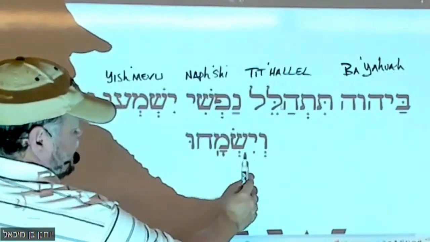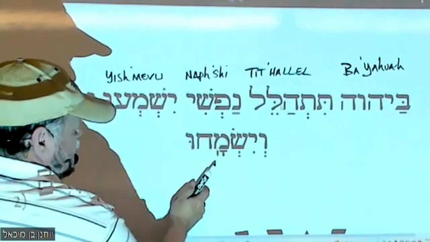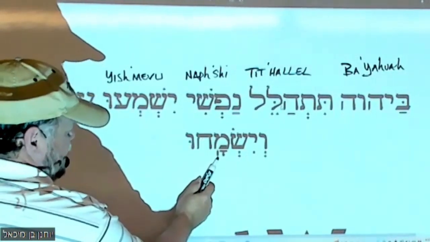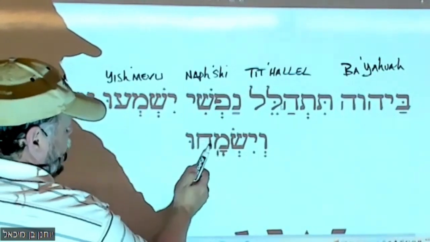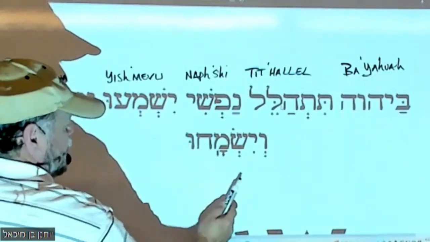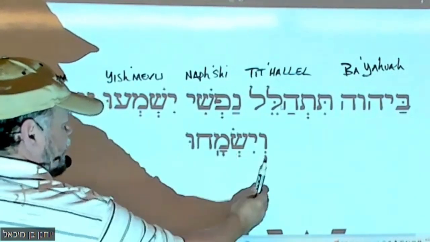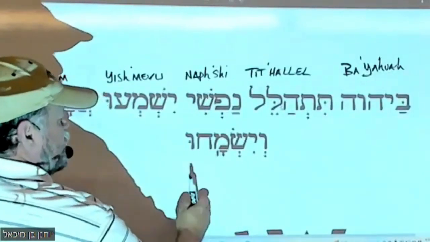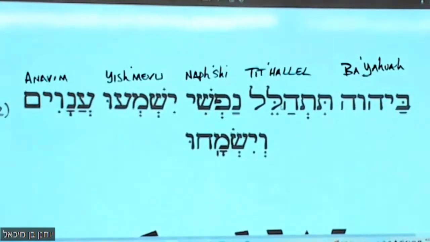So we have veyis. Now we have a mem, and it's pointed how? We know it's kamatz because this line right here is telling us that's an A. So we have ma. Then we have the letter chet, followed by a wa pointed shuruk. Hu. So we have veyis machu. Veyismachu. Your meteg is here in the middle, so we need to stress that syllable. All right? Veyismachu.